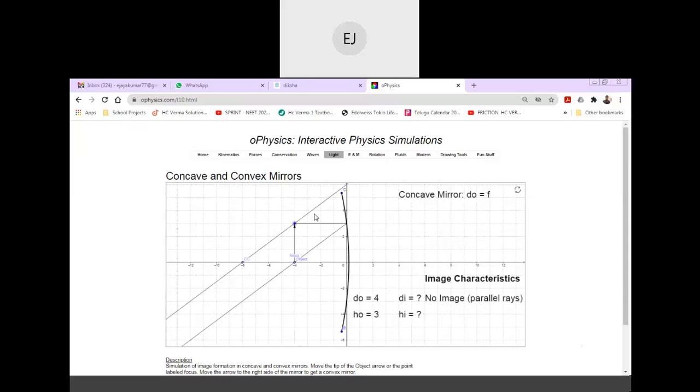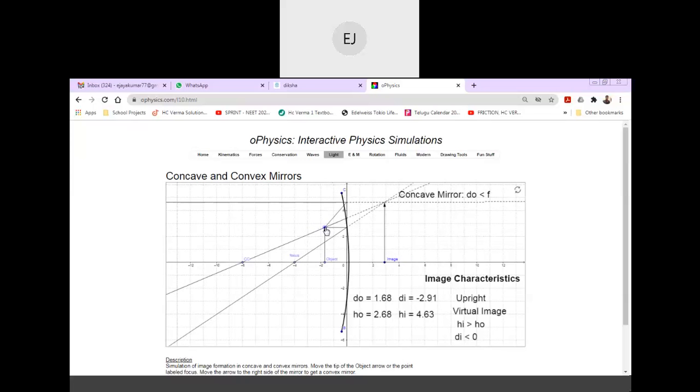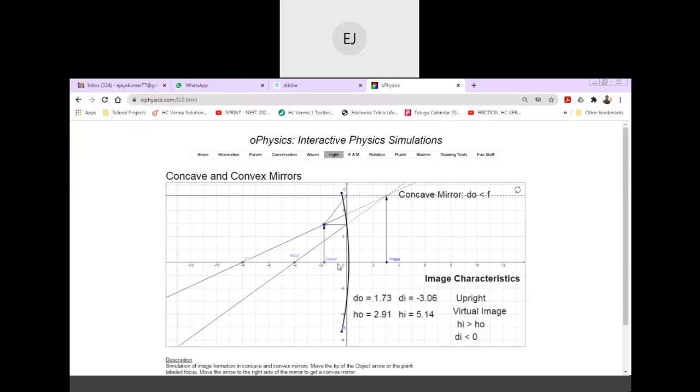And if I keep my object in between focus and pole, what is happening, you see. The image is a virtual image. The rays are reflected back, but if you extend the reflected rays, the virtual image forms on the other side of the mirror.